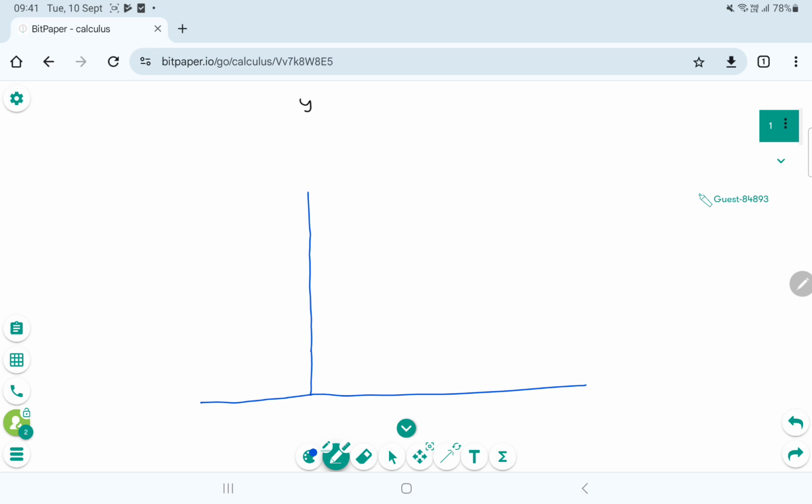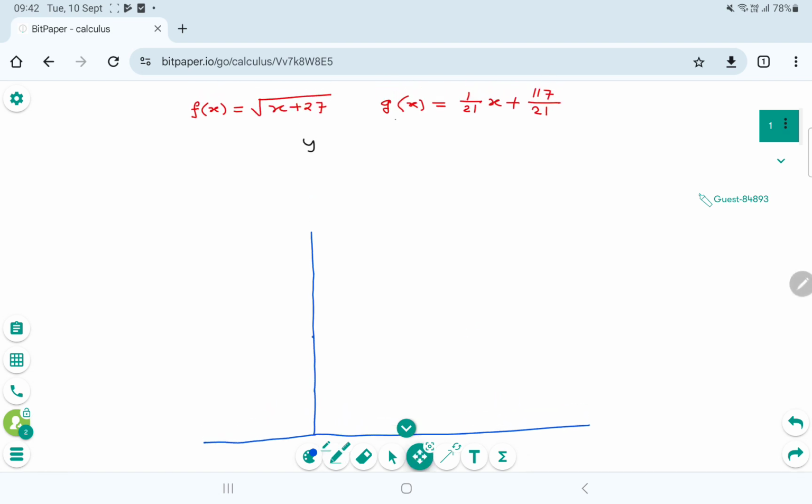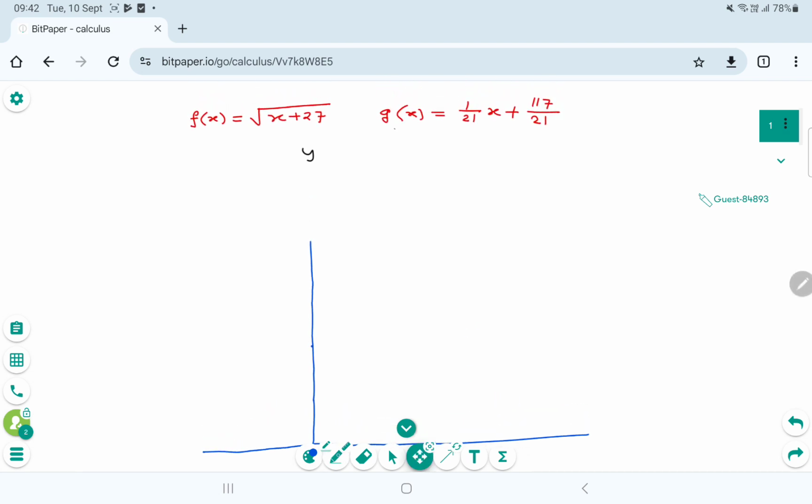The straight line first, let me draw. It is a small slope. The square root of 27 is 5.196, like this.